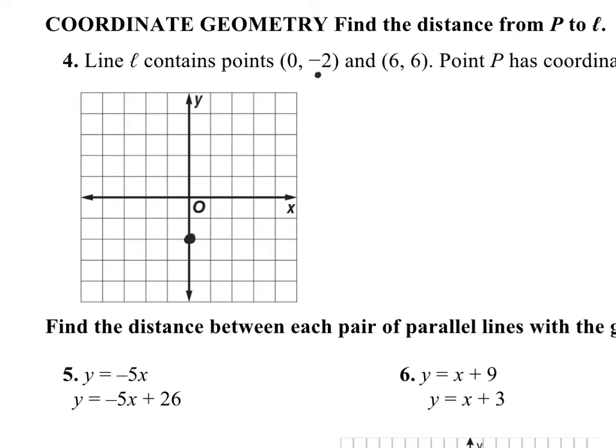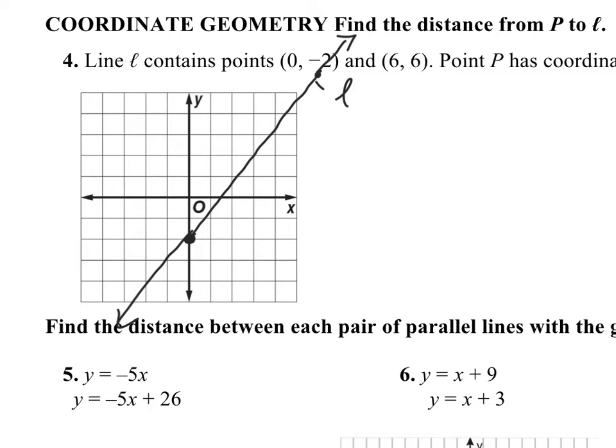Okay, and so what I want to do is create a line going from (0, -2) to (6, 6). I'm going to extend that out like that, and I'm going to call this line L. And what I know from this line is I can calculate its slope. So if I went from (0, -2), I'd go up 8 units and then over 6.